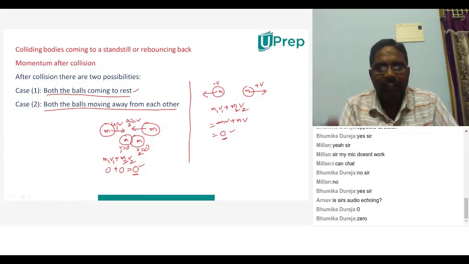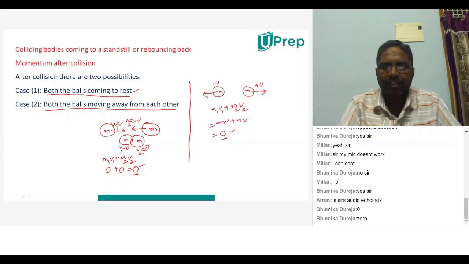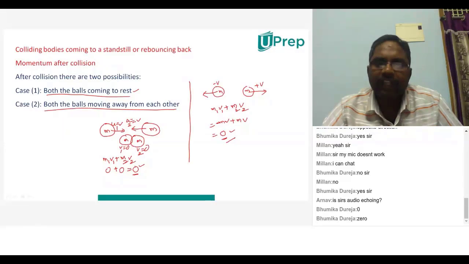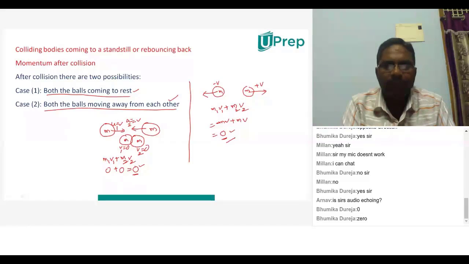But here they are saying that they are rebouncing with the same velocity. When they are rebouncing with the same velocity, definitely the final momentum will become zero. So as the final momentum is becoming zero, in the second case also, the law of conservation of momentum will be valid.